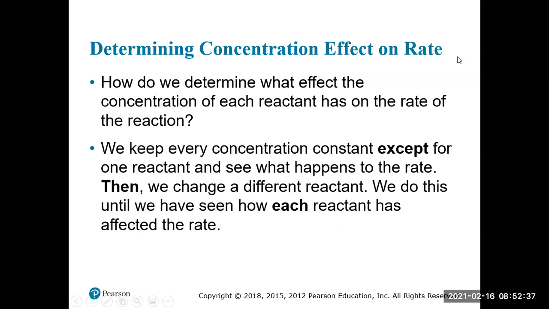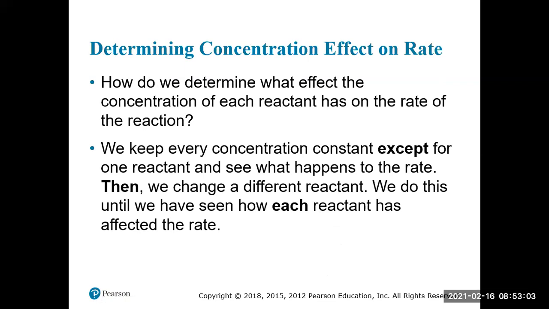So we've said before that concentration affects the rate. How do we determine what that effect of the concentration is on the rate of the reaction? We have our reactants. If we increase or decrease the concentration, what do we do to determine the rate?